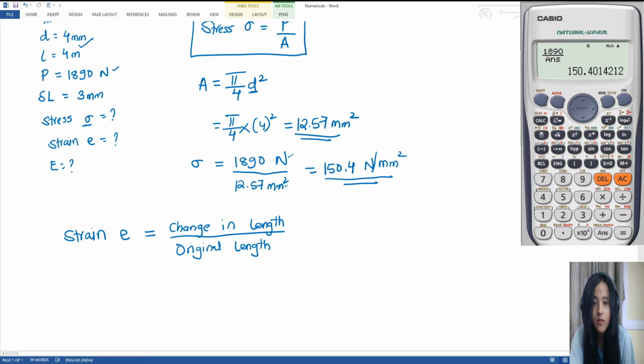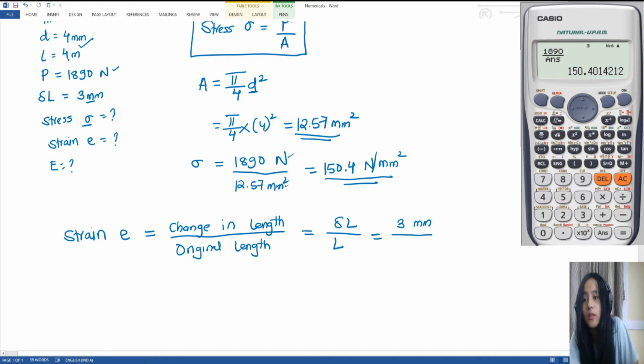Now this will be change in length is del L and its original length is L. How much is our del L? Del L is 3 mm here. So we have 3 mm.